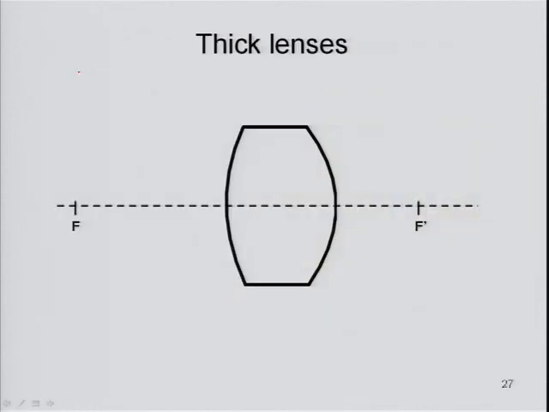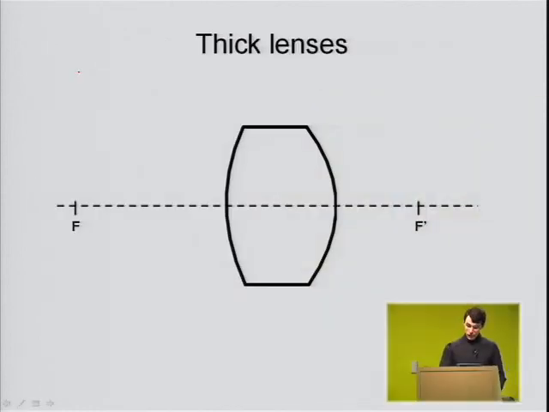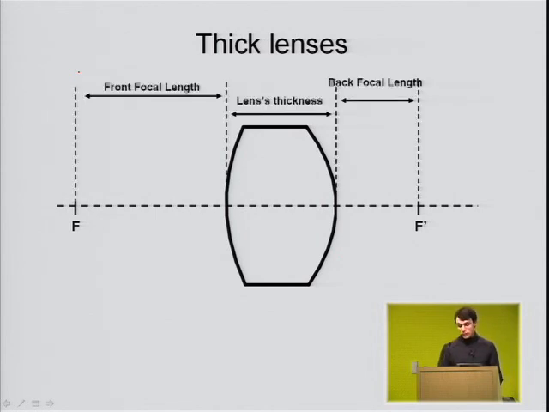In the case of thick lenses, it's a little more complicated because in real life, we can have access only to 3 distances. The first one is the thickness of the lens. The second one is what we call the front focal length, the distance from the object focal point to the first surface of the lens.